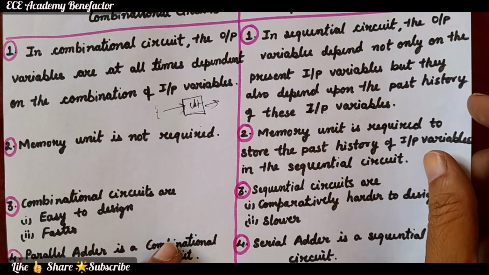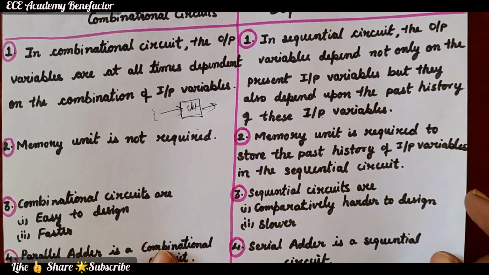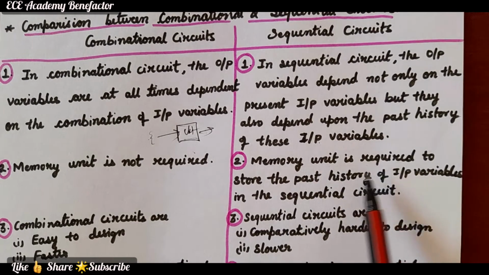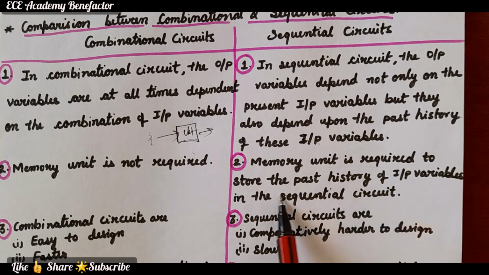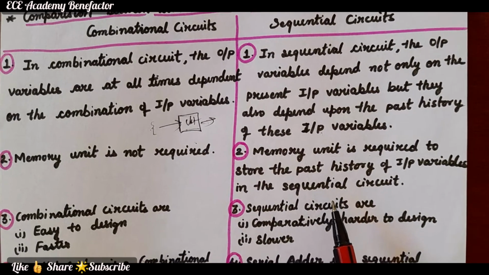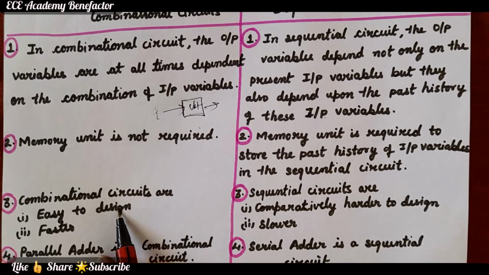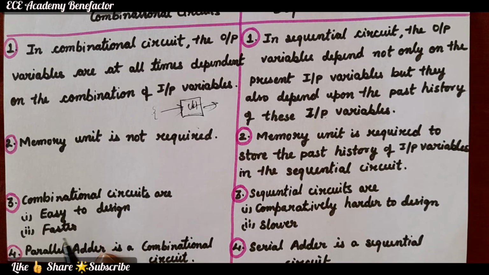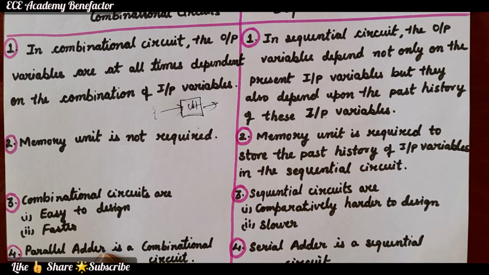Second point: in a combinational logic circuit a memory unit is not required, whereas in a sequential circuit a memory unit is required to store the past history of the input variables. Combinational logic circuits are easy to design and are faster because there is no feedback path.